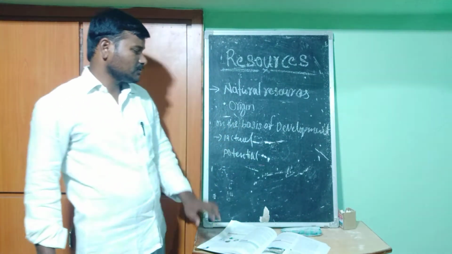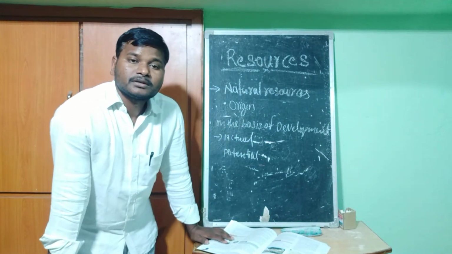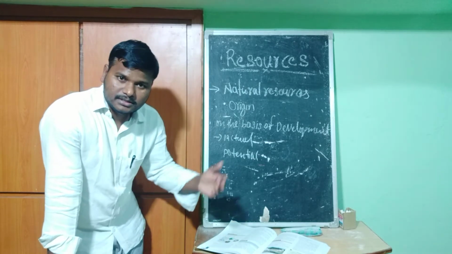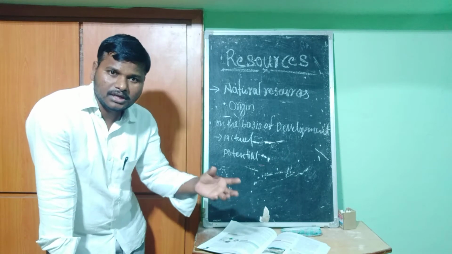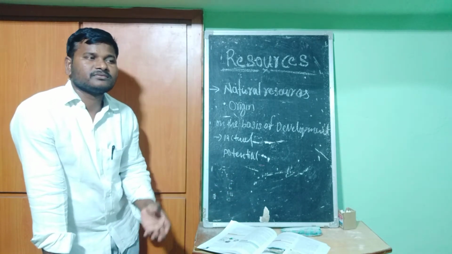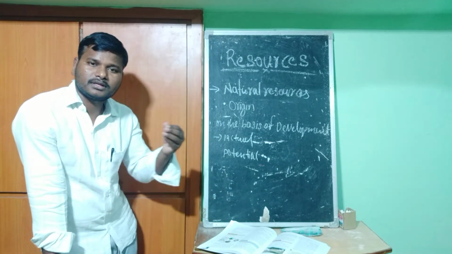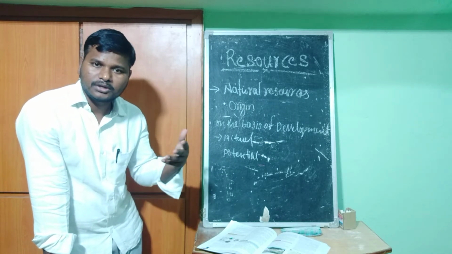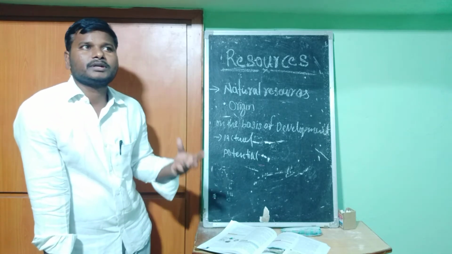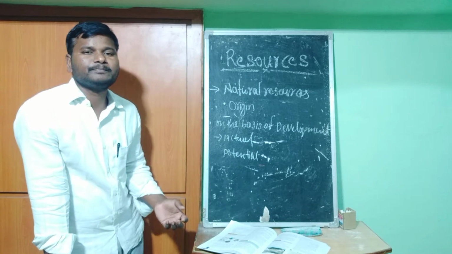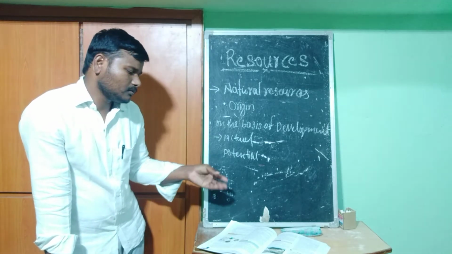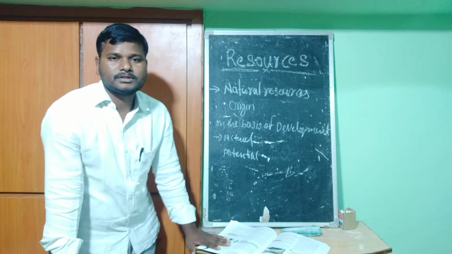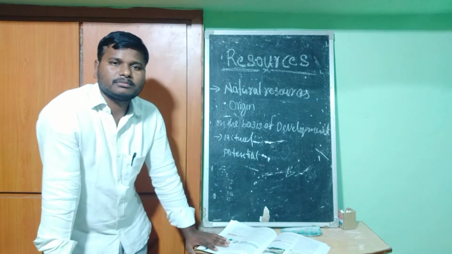First, actual or developed resources are those which already exist and whose quantity and quality are fully known, that are being used by us. Example, in Arab countries there are oil wells, and oil deposits are plentiful there.